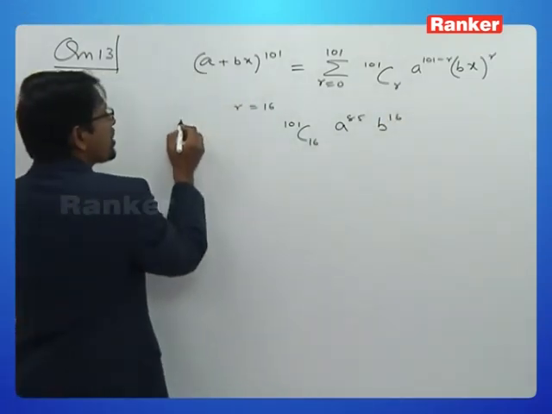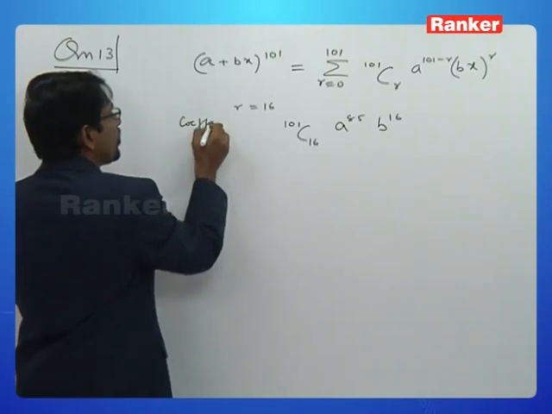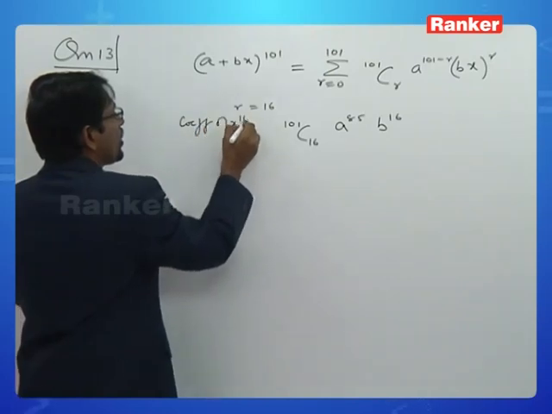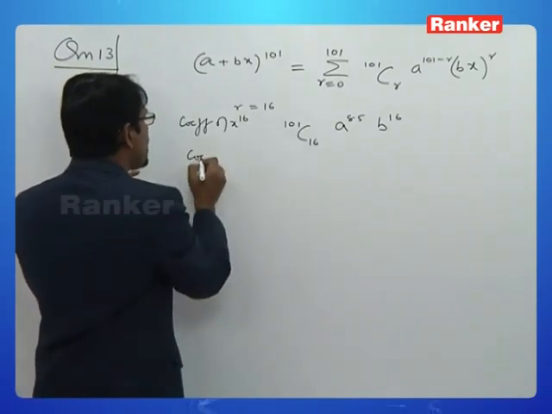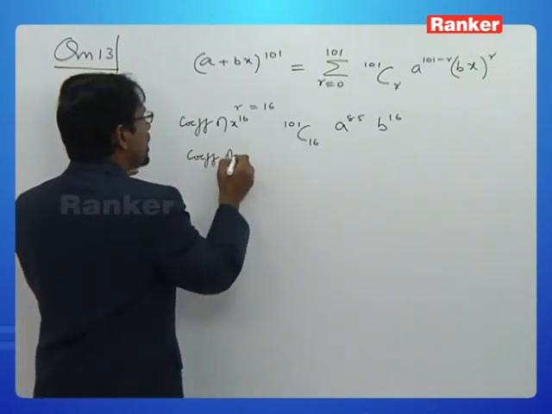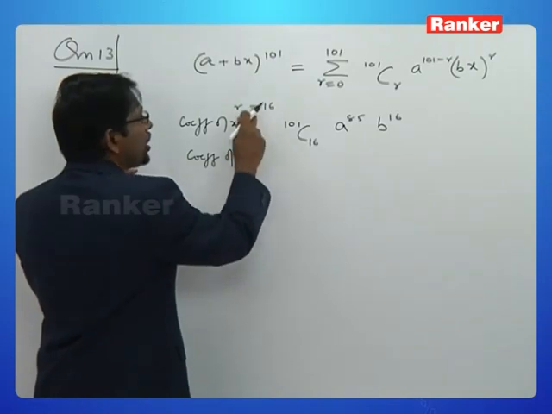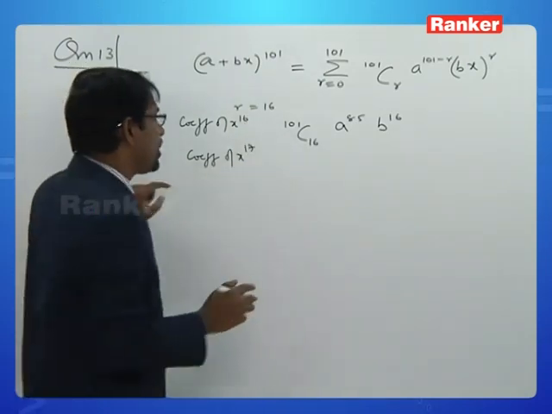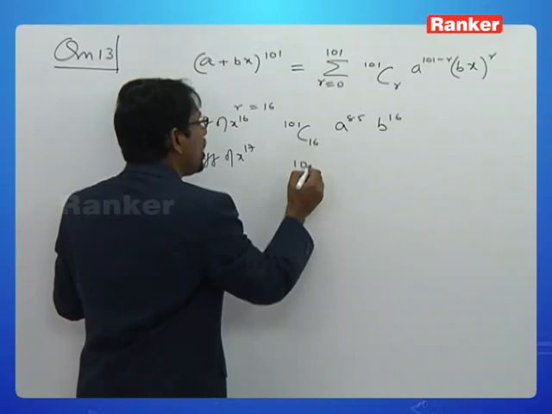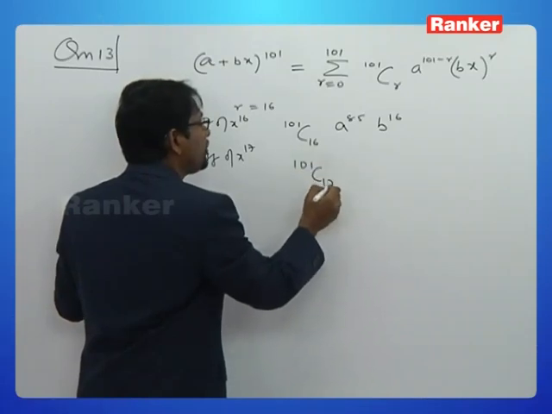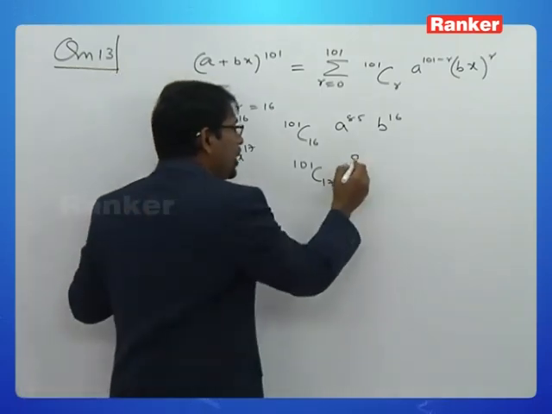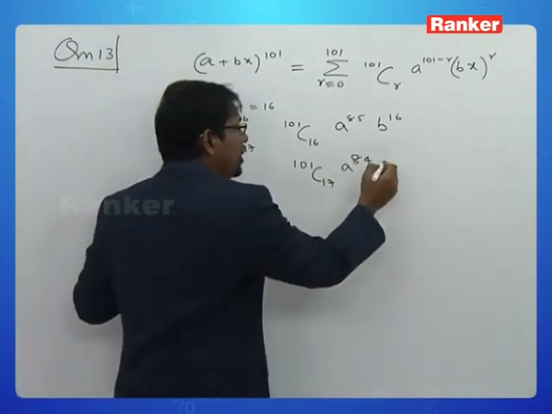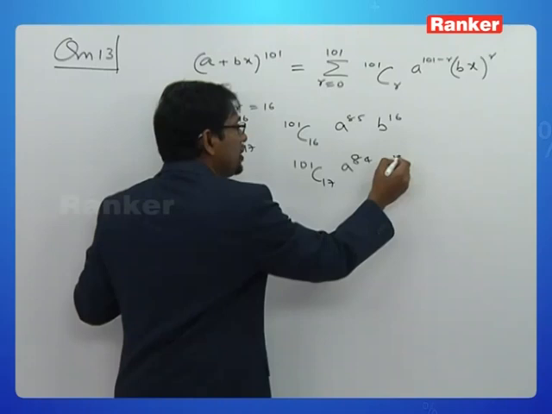That's the coefficient of x power 16 in this expansion. And what is the coefficient of x power 17? I just have to replace r by 17 there. So that makes it 101 C17 into a power 84 now and b power 17.